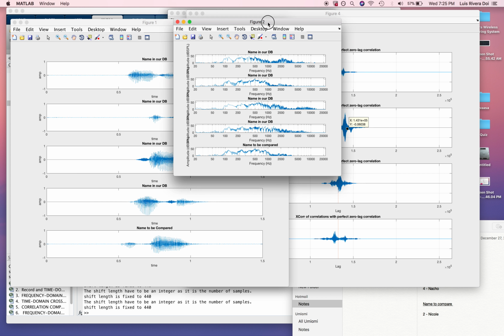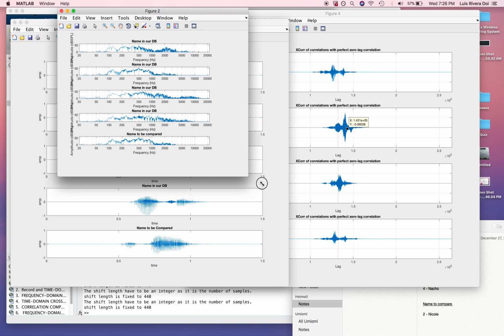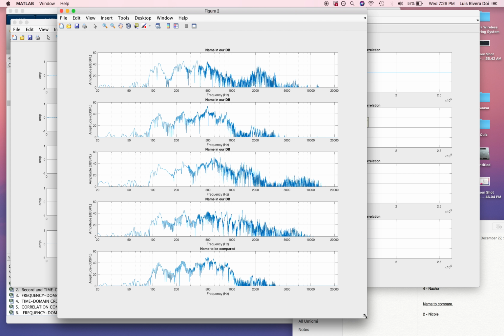So these are the frequencies, the Fourier transforms of all 4 names in the database, 1, 2, 3, 4, and the one I said at the end. As you can see, the FFT here looks more like this second one, which was Nicole, than all the other ones.